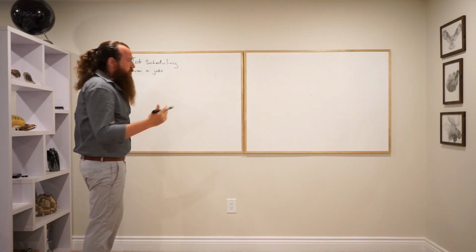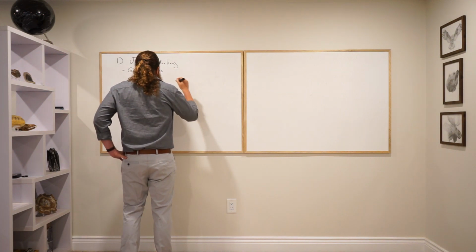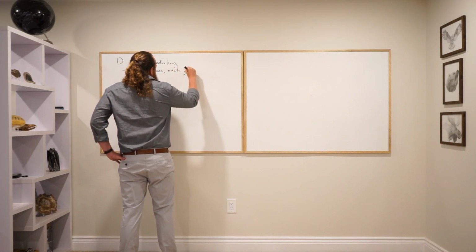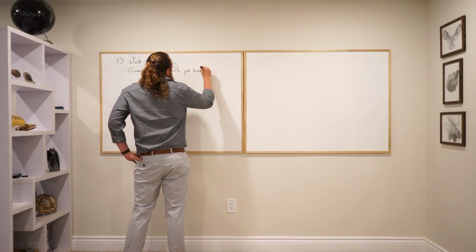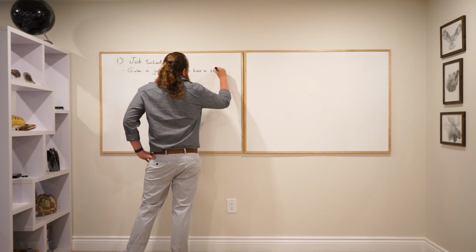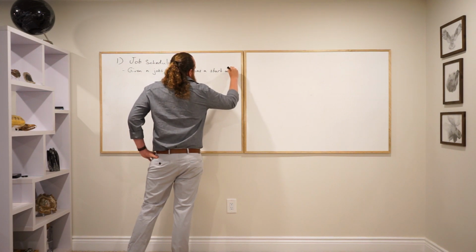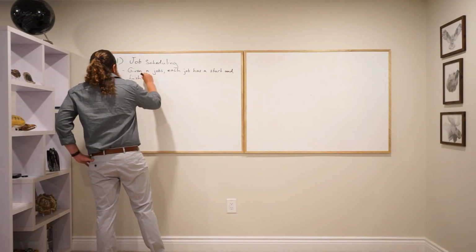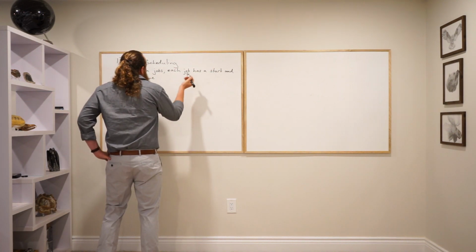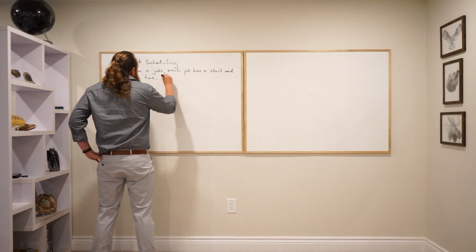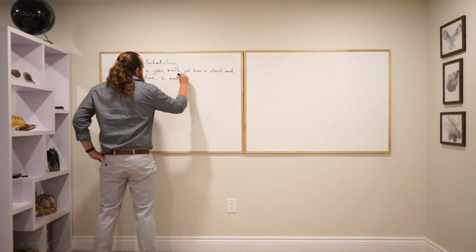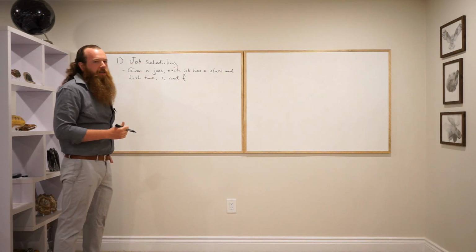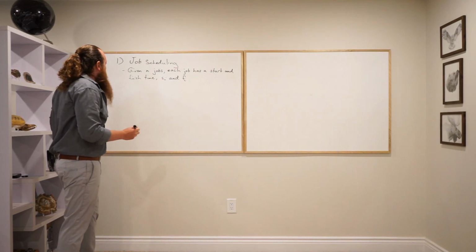And each job is going to have a start time and a finish time. We'll call that S_i and F_i. So if we're talking about job i, it has start time S_i and finish time F_i.